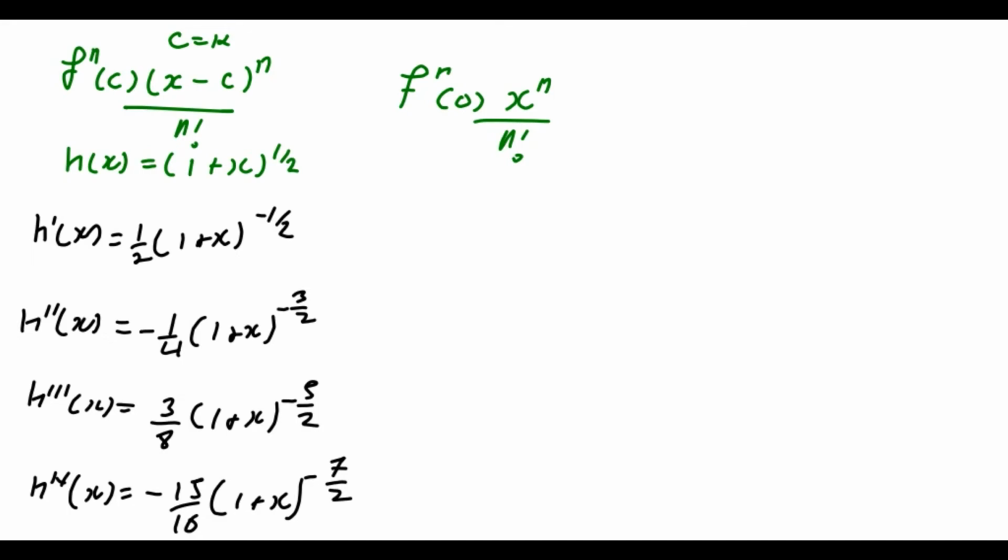So what happens here is that on all these derivatives that you have, in fact including the original function, for a Taylor series you have to substitute.